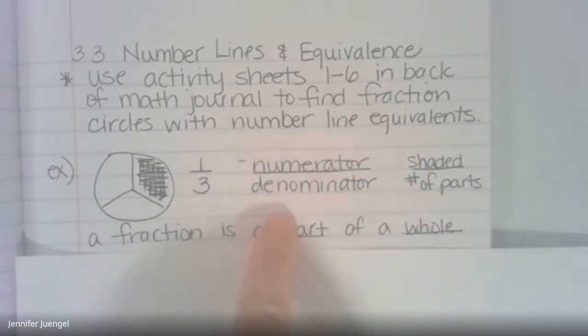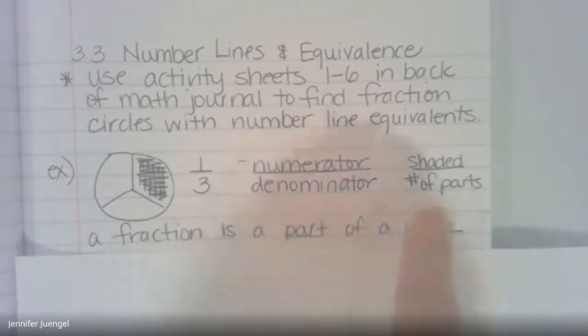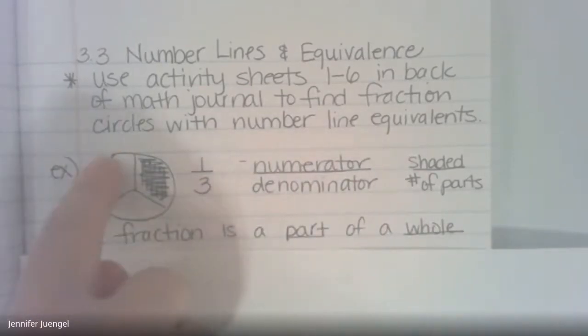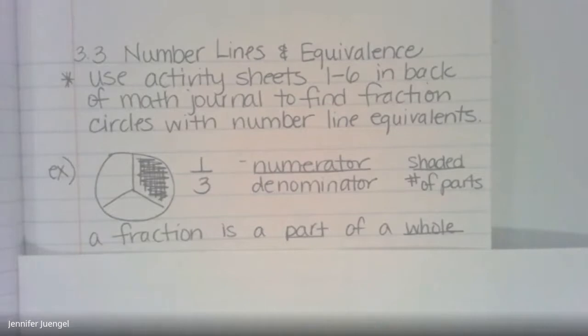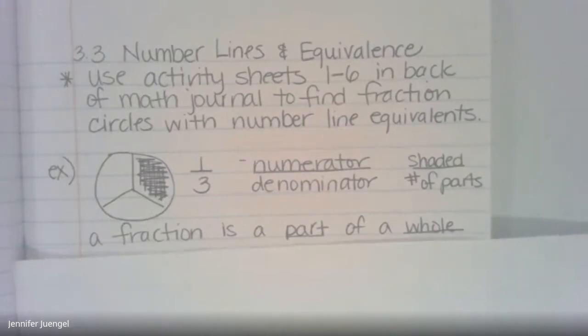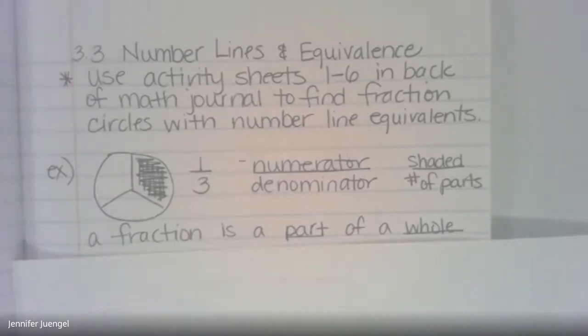And the denominator is on the bottom, and the denominator represents the total number of parts possible to be shaded. So yesterday we were talking about different ways to find equivalence using these fraction circles. We can find out that even if we split one whole into any number of different denominators, the numerator will also change because we're trying to find equivalence. So today we're going to continue that work using a different tool.